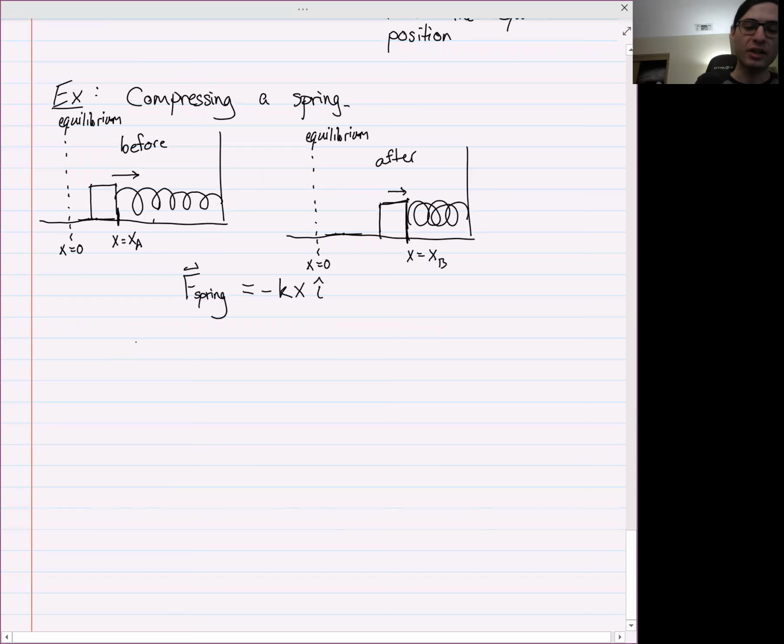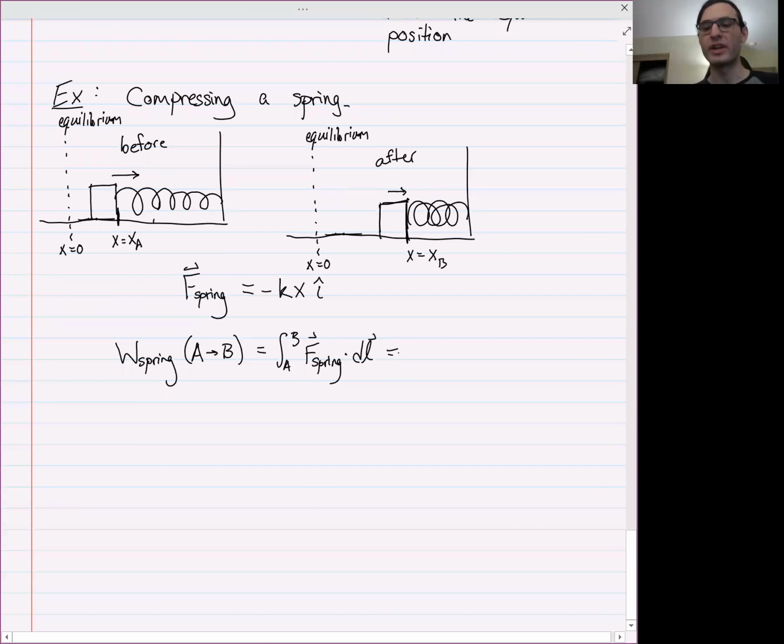All right, now let's compute the work done by the spring from A to B. So this is an integral from A to B of F spring dot dl. Now we really want to write this in terms of a variable. We want to parameterize the path that it takes in terms of x, because at different places along the path, the force changes.